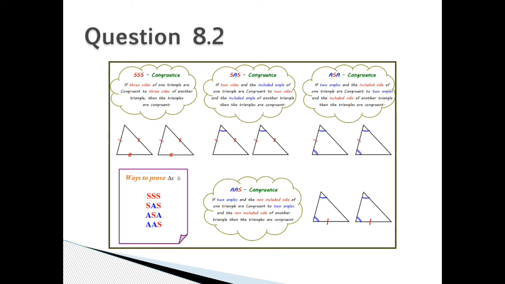Angle-side-angle congruence: if two angles and the included side of one triangle are congruent to two angles and the included side of another triangle, then the triangles are congruent. Angle-angle-side congruence: if two angles and the non-included side of one triangle are congruent to two angles and the non-included side of another triangle, then the triangles are congruent.